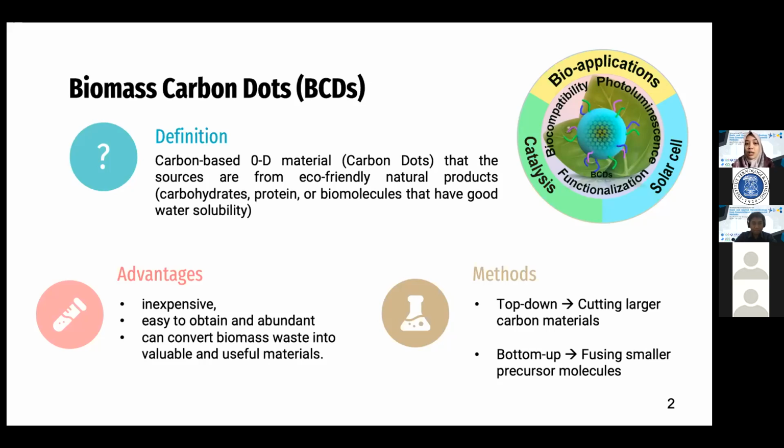So there are two methods to synthesize the BCD materials. First is top down and the second is bottom up. For top down, we cut large carbon materials, and for bottom up, we fuse much smaller precursor molecules.